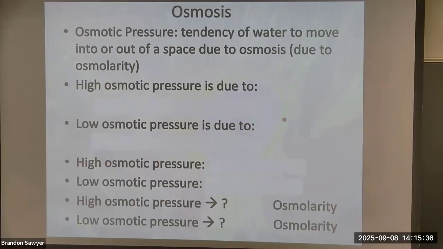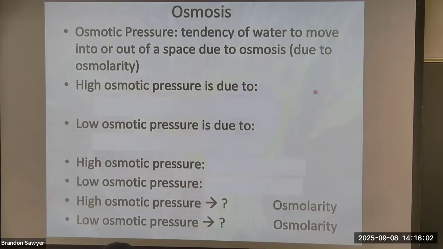So how does this apply to osmosis? The idea of osmotic pressure is that water has the tendency to move towards the space that has higher osmolarity. A space has higher osmolarity if it has more solute particles, meaning more stuff dissolved in the water, more ions, more other substances. That creates osmotic pressure.